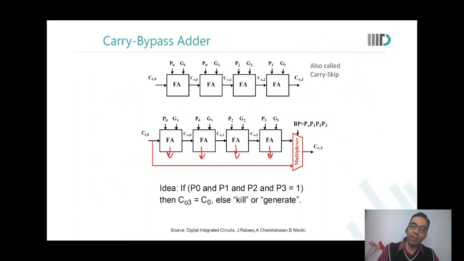Simply see if the overall P0, P1, P2, P3 are all 1. If they're all 1, then since all the propagates are 1, whatever was there on CI will definitely come on Cout also.